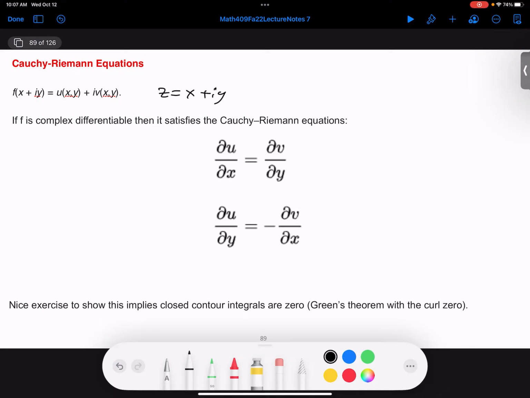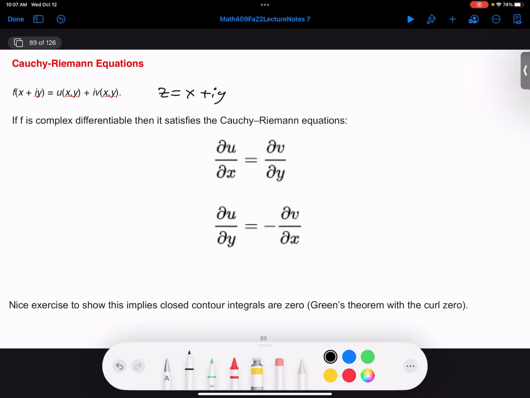So let's try to think of some interesting functions to see if they're differentiable. Can somebody give me a function of a complex variable and we'll see if it's differentiable? Simplest one you can think of. f of z equals 0. We can even extend it slightly to f of z is 1 or any constant.